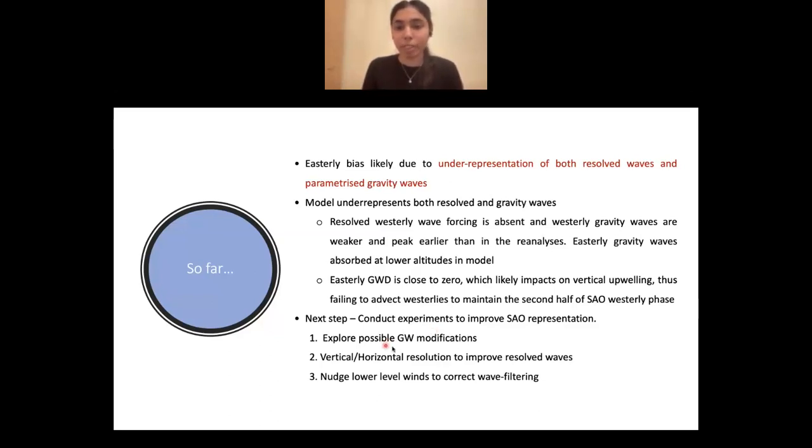I will be exploring possible gravity wave drag modifications and see if that helps. Next is vertical or horizontal resolution, to see if that helps resolve more waves. And third is nudging the lower level winds so that it will help correct the wave filtering, and more accurate waves will be reaching the semi-annual oscillation region, and see how that helps.